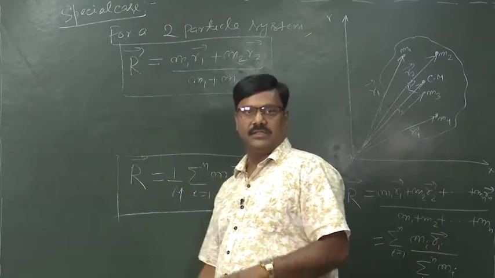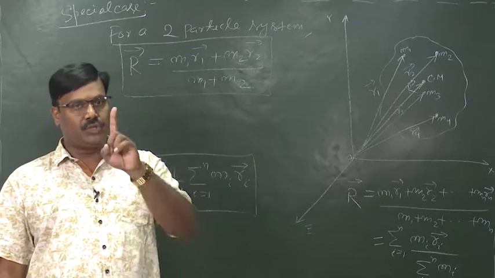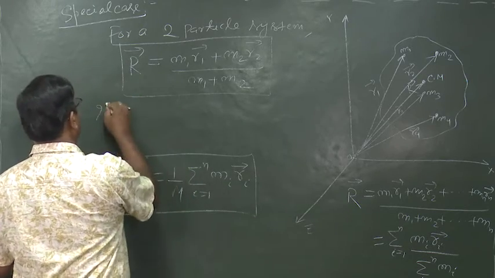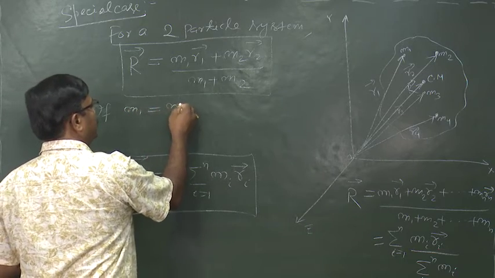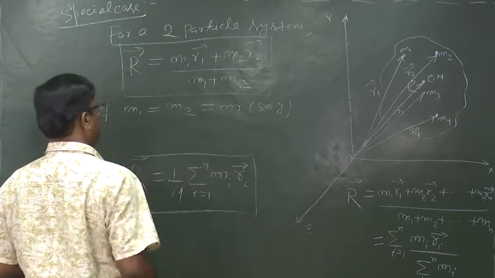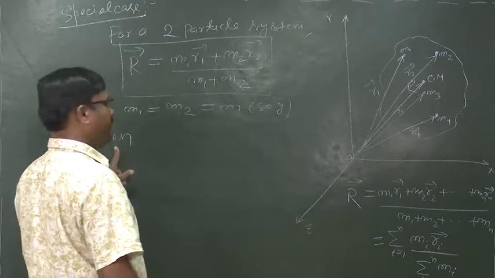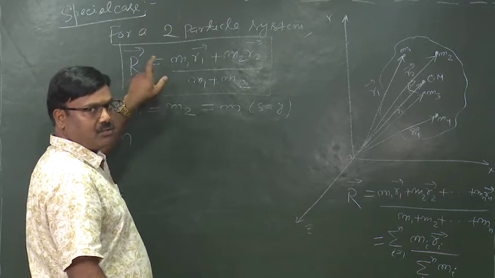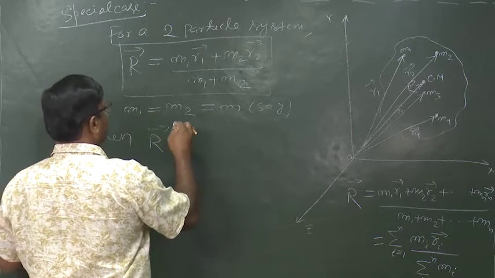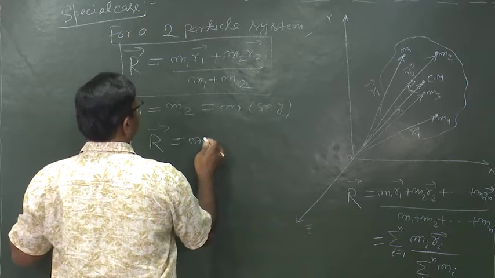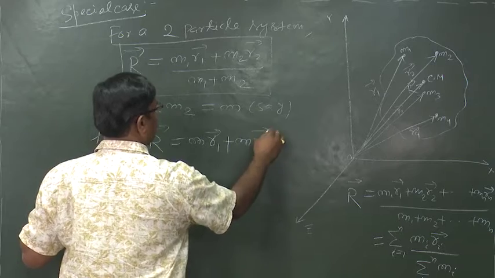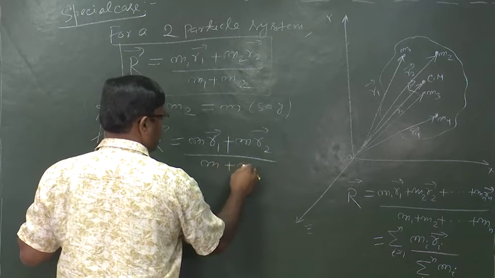If we consider the case of two particles of equal masses, then what happens? If m1 is equal to m2 is equal to m, then the position vector of the two particle system can be written as R vector is equal to m r1 vector plus m r2 vector divided by m plus m.